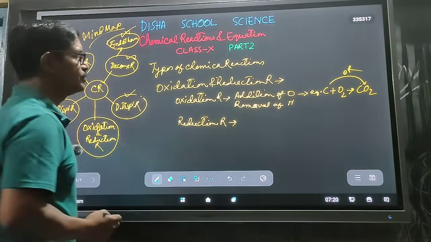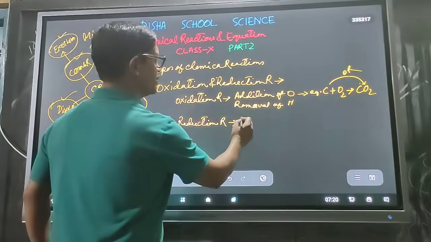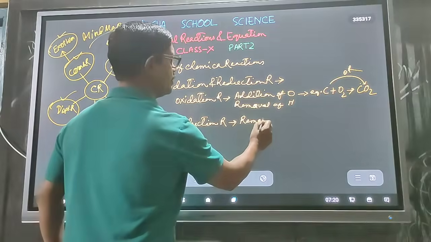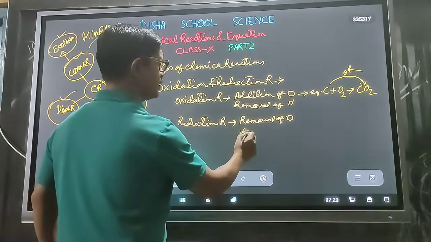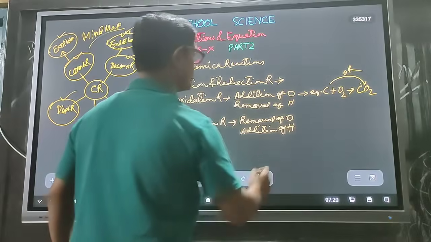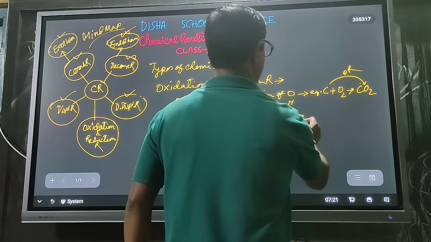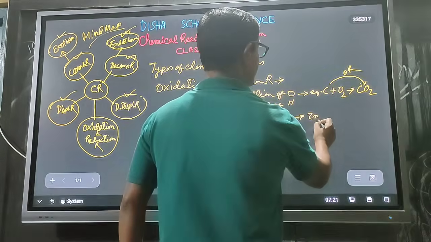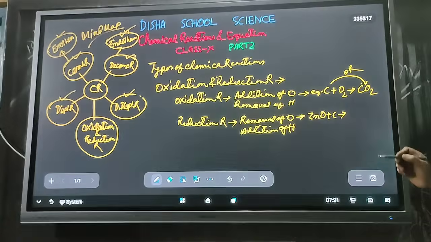Next comes reduction reaction. Reduction reaction is just the opposite of oxidation reaction. So we can write removal of oxygen or addition of hydrogen. This is called reduction reaction. For example, ZnO, zinc oxide, plus carbon.